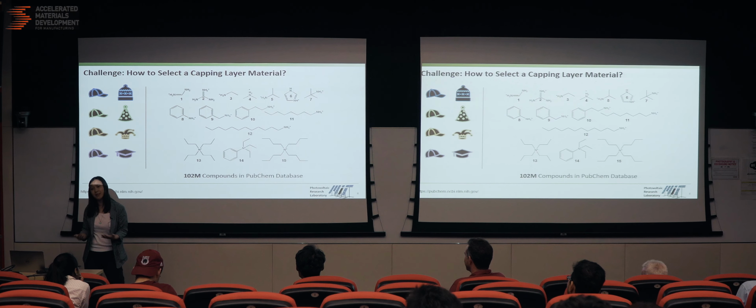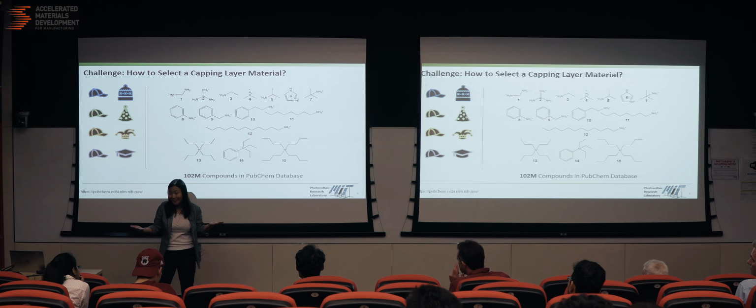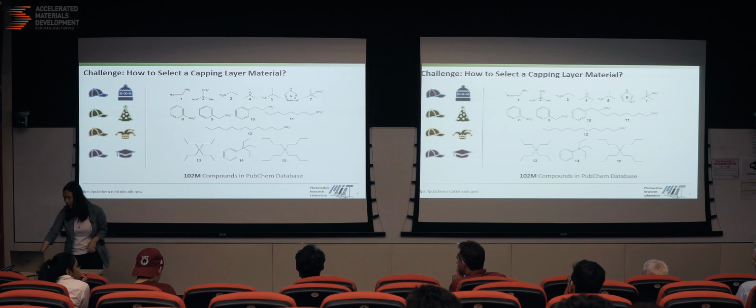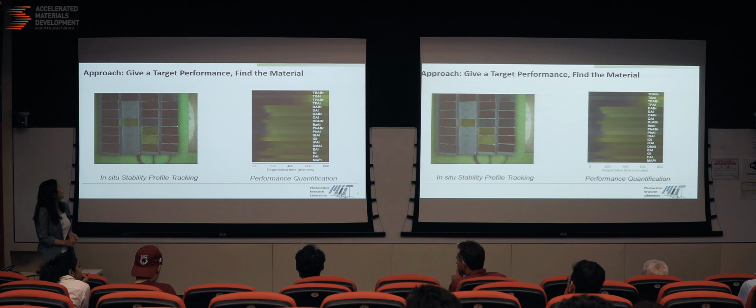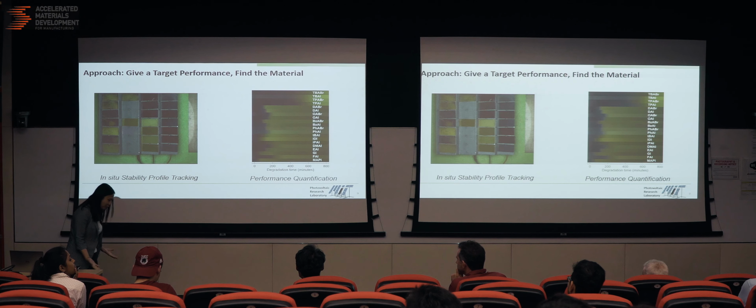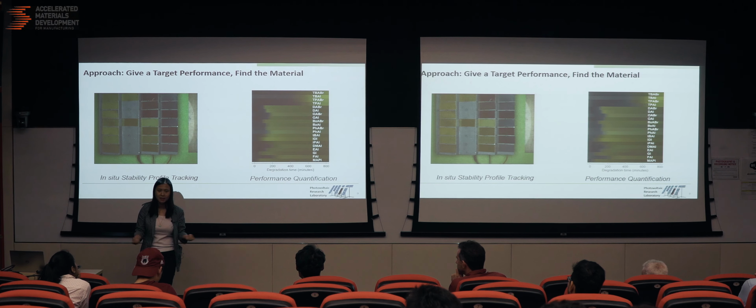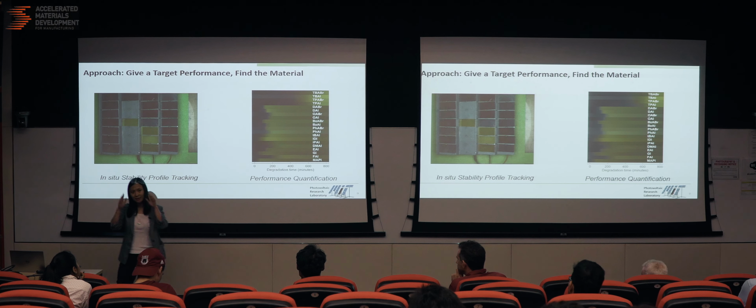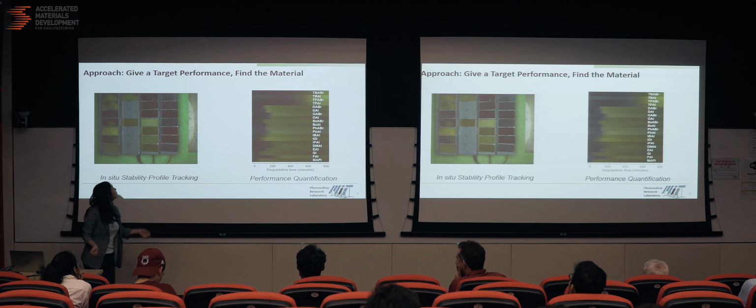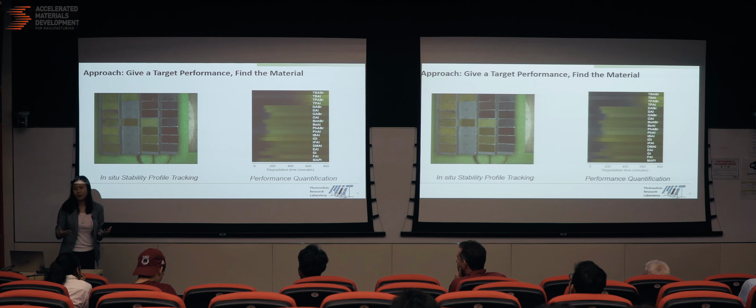At this point, this is clearly beyond our human capacity to test one by one. So how do we use some of the advanced statistical and machine learning tools to guide us? The approach we are taking is that we have a target performance: we want to extend the lifetime of our solar cells, and then we need to find this material.